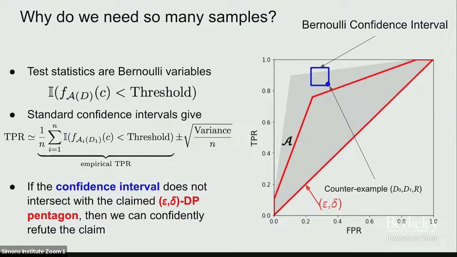We use one of these well-known results. But what's very common between them, maybe they have different constants, they all behave like √1/n. And that's why we need the number of samples to be large, because we want the width of this box to be small enough.